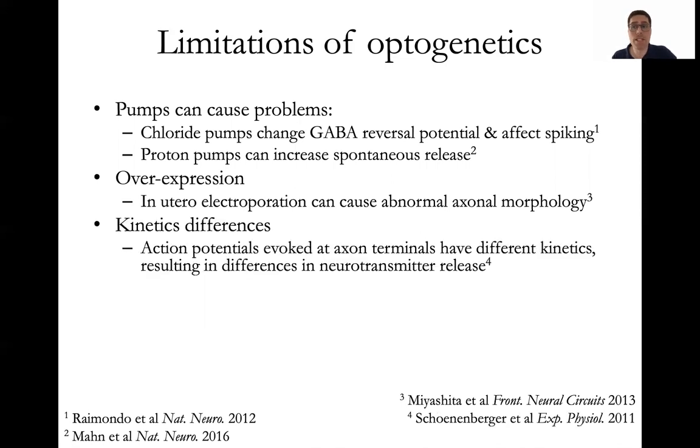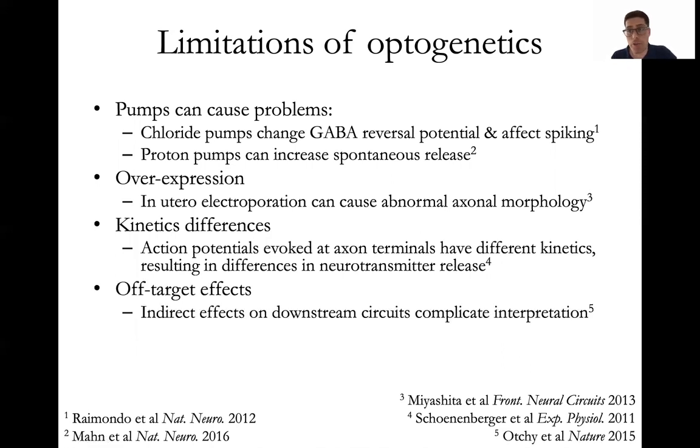There's also differences in the action potentials that are generated optogenetically. So if you, for example, evoke action potentials at axonal terminals, at boutons, at release sites, those action potentials that have not flowed down the axon may have different kinetics, resulting in differences in neurotransmitter release that one might be trying to study by putting opsin in those synapses.